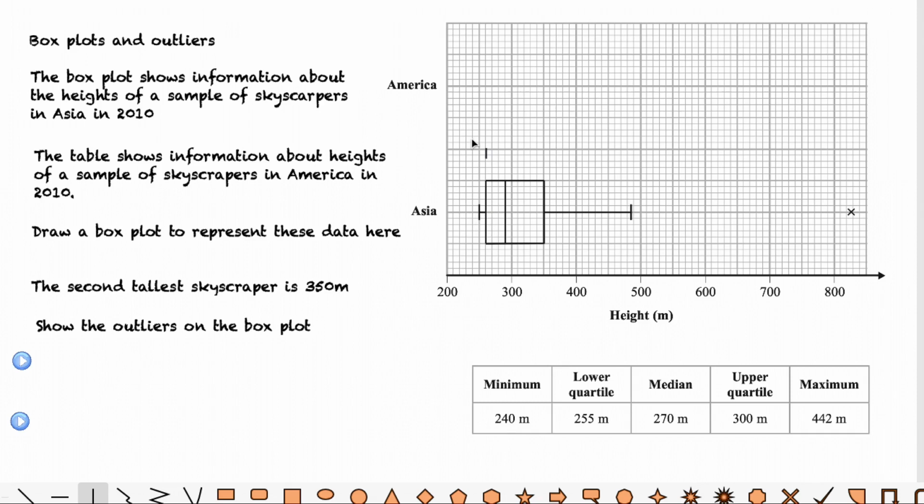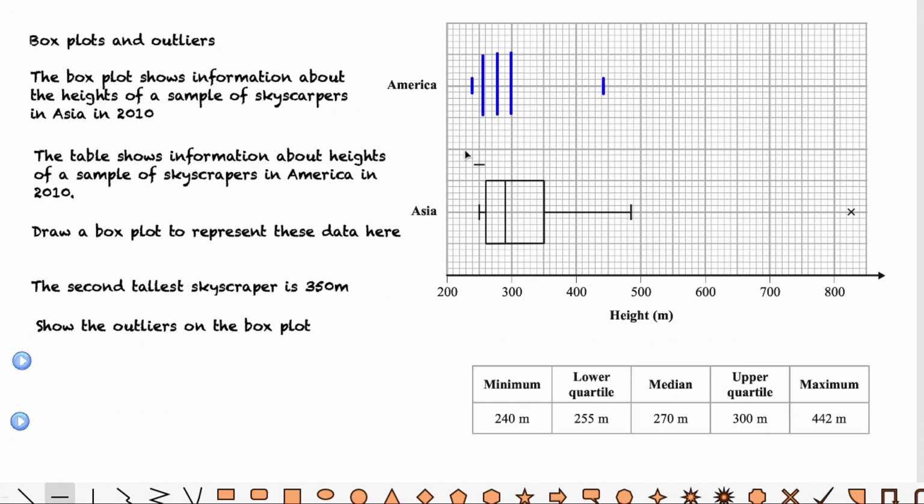I need to draw a vertical line at 240 for my minimum value, 255 for my lower quartile or Q1, 270 for my median or Q2, 300 for my upper quartile or Q3, and 442 for my maximum value.